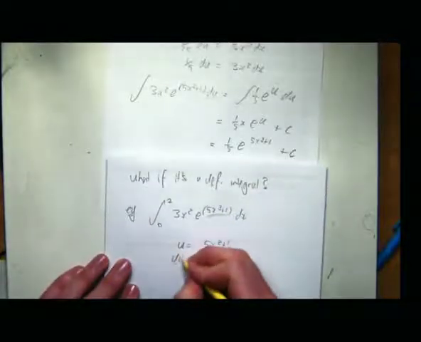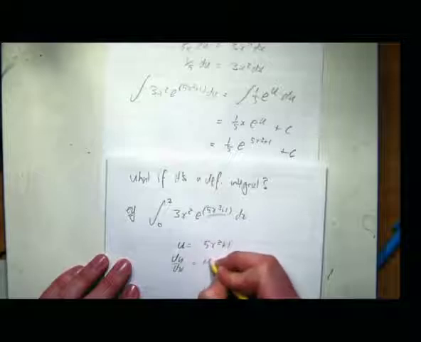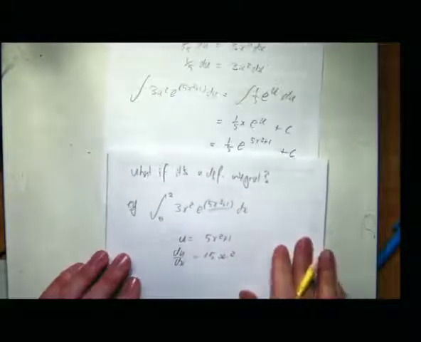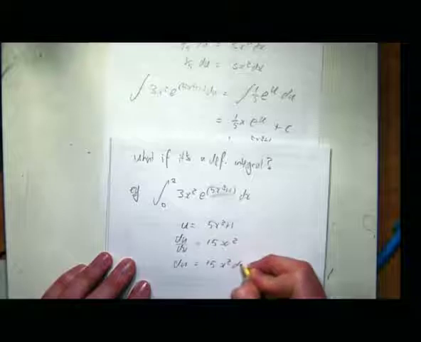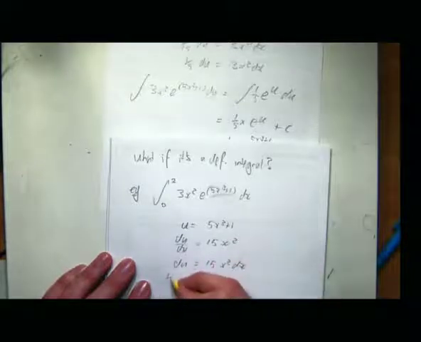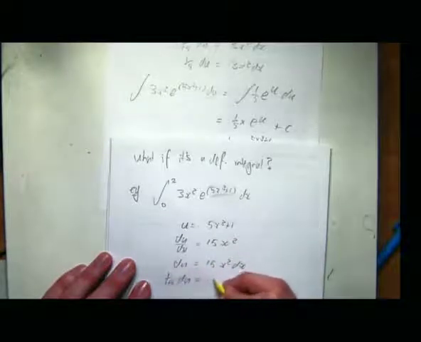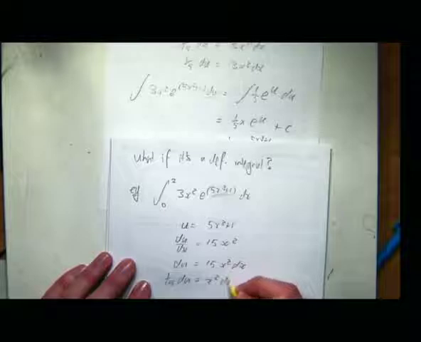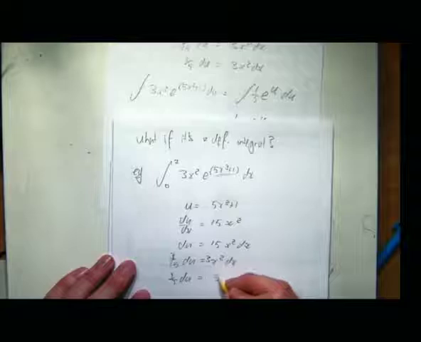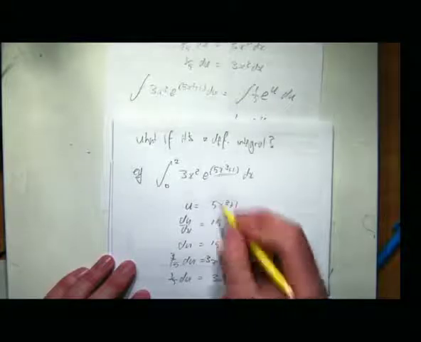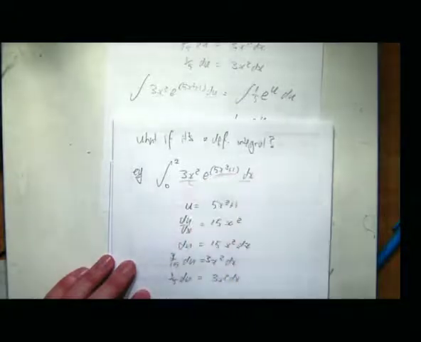And I'll still figure out what du on dx is. And I'll still rearrange that so that I can get everything to match. Okay, and so now that and that together I've figured out.